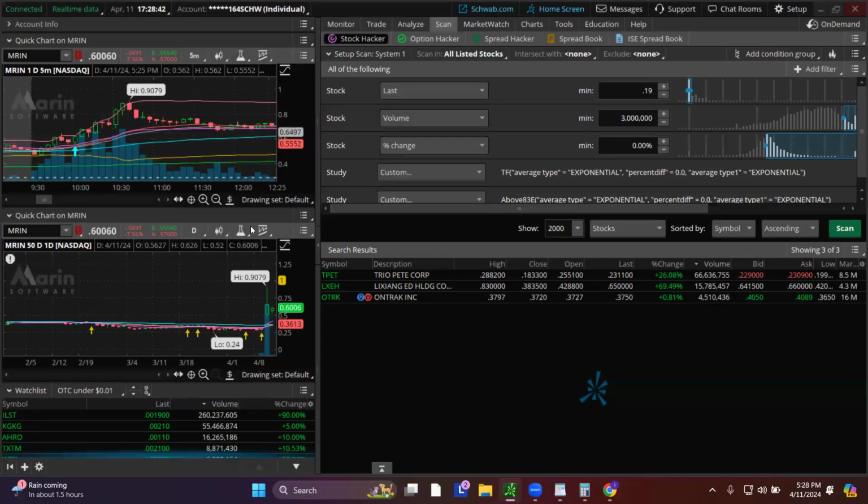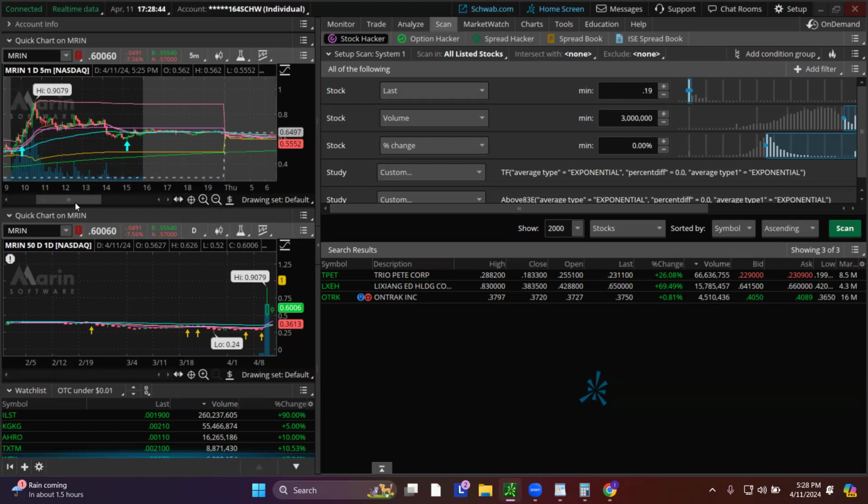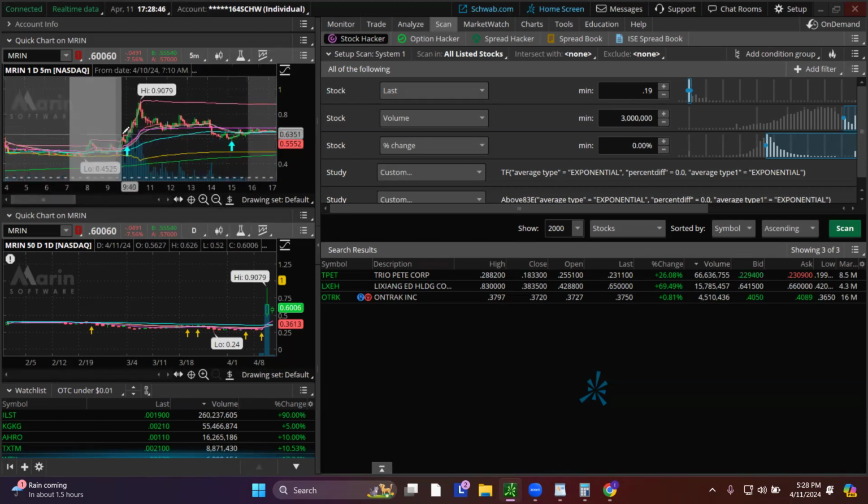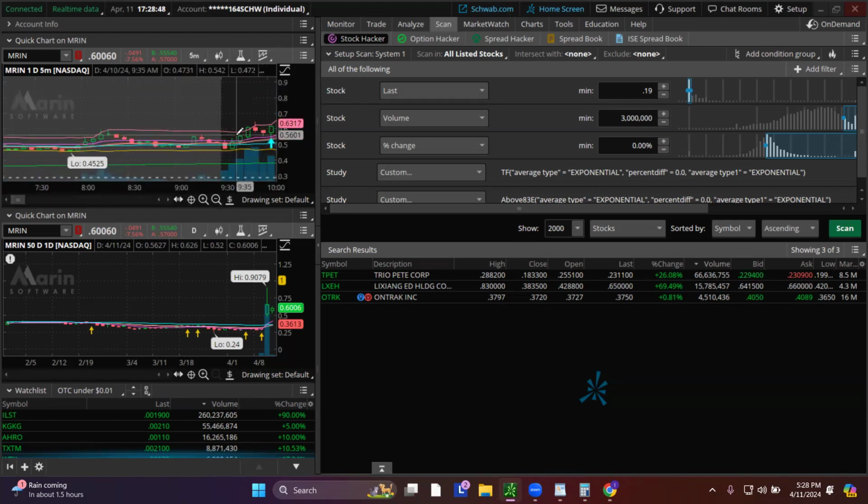And for this, for MRIN, I'll slide this over. And so the open price, as you learned earlier in the course, when you hover over the candle, there's an O right here. That's the open price. The open price is at 51. The purple line, if I highlight it right here, is the middle VWAP. And look, it is above the open price.